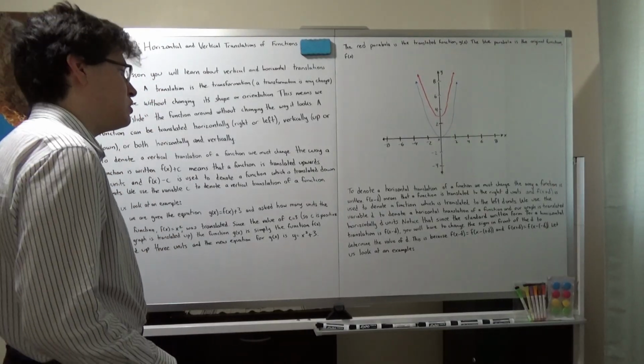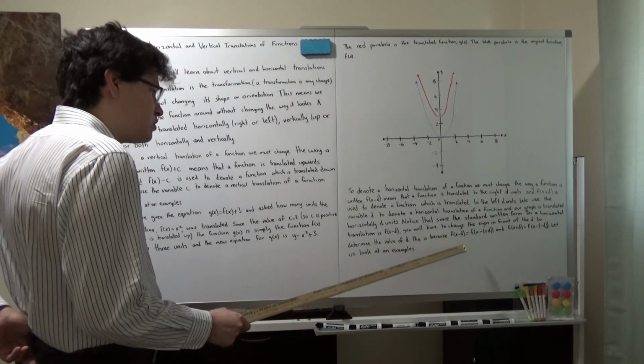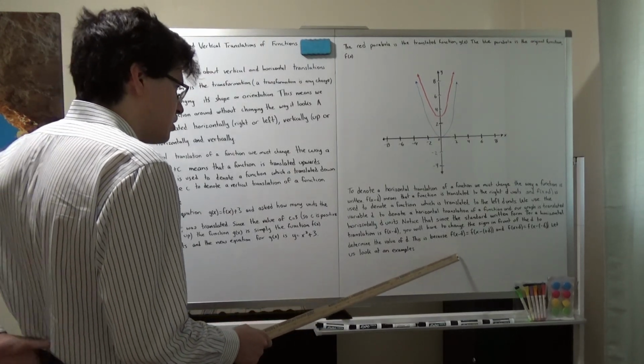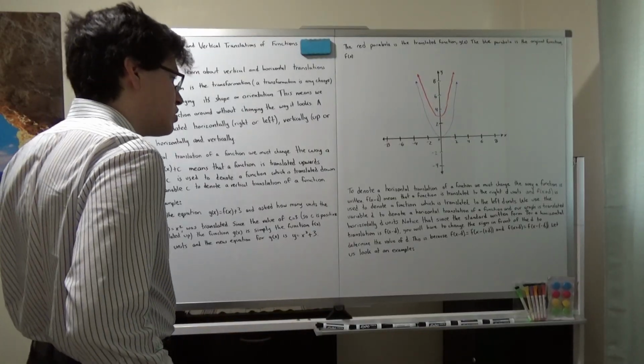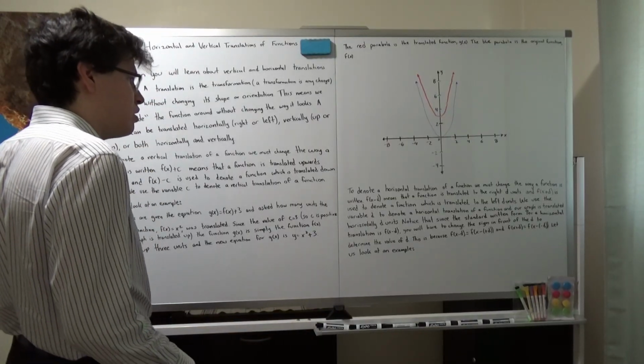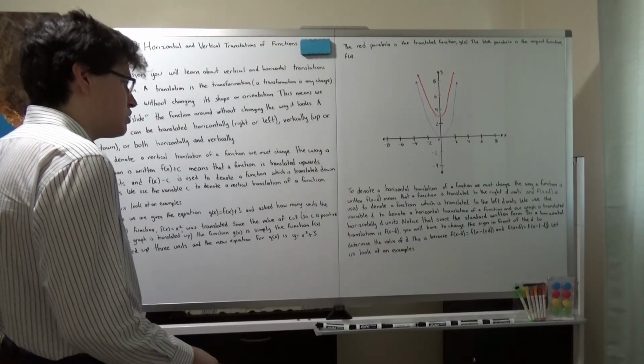We use the variable d to denote a horizontal translation of a function, and our graph is translated horizontally d units.